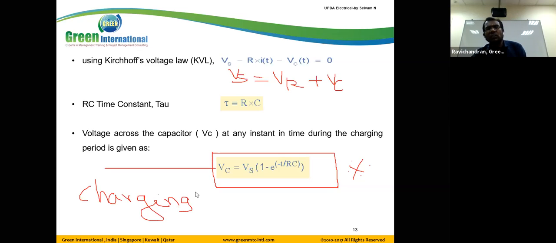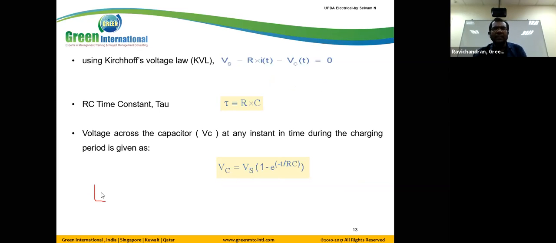The charging voltage across the capacitor we call VC, which is equal to Vs into 1 minus e to the power of minus T by RC. Let's assume that T is equal to 0. e to the power of minus 0 is equal to e to the power 0, which is equal to 1.